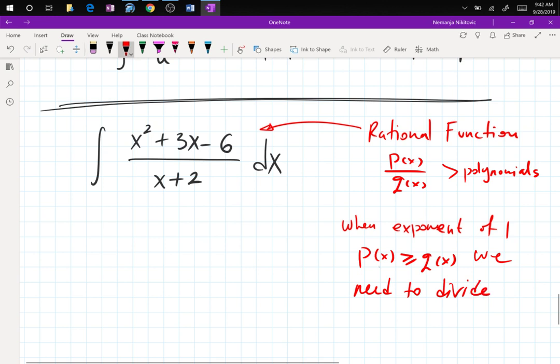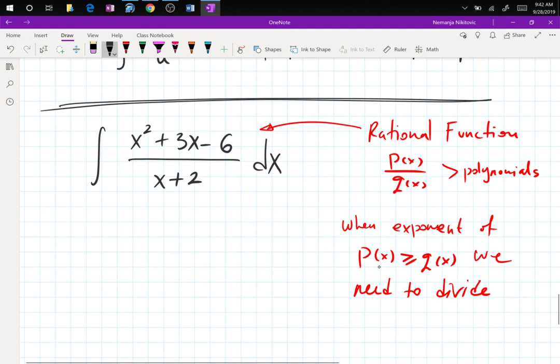So that's the way to solve these problems. If the exponents are the same, or the top is bigger, like in this case, the first step is long division. And then whatever else has to happen after that.